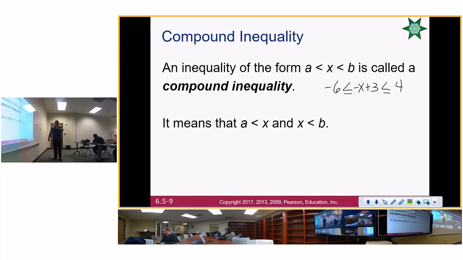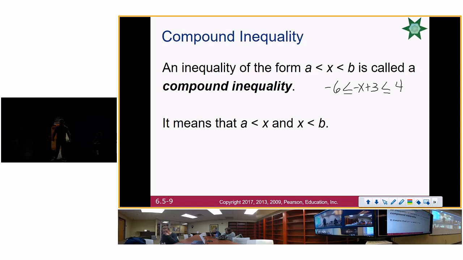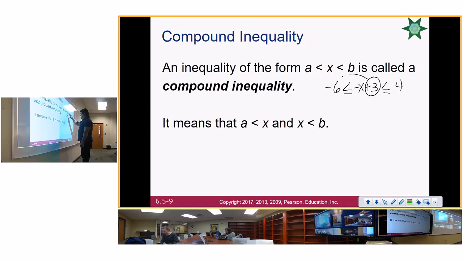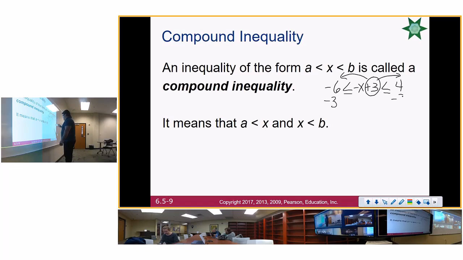All right, how do you get rid of adding 3? You take it across the river, negative 3, negative 3. Everybody with me? So that's going to be negative 9 less than or equal to negative x, less than or equal to 1.